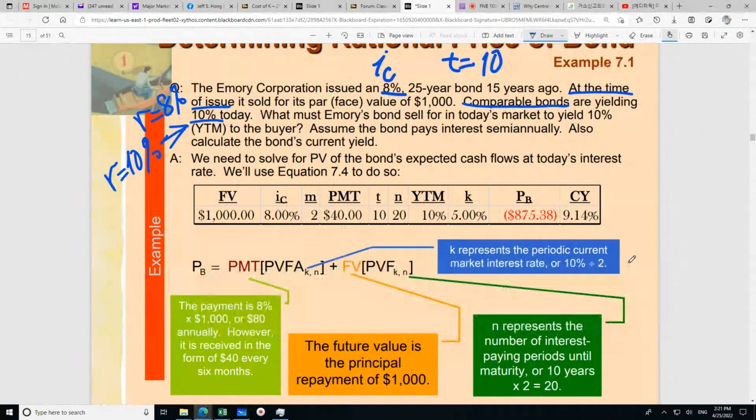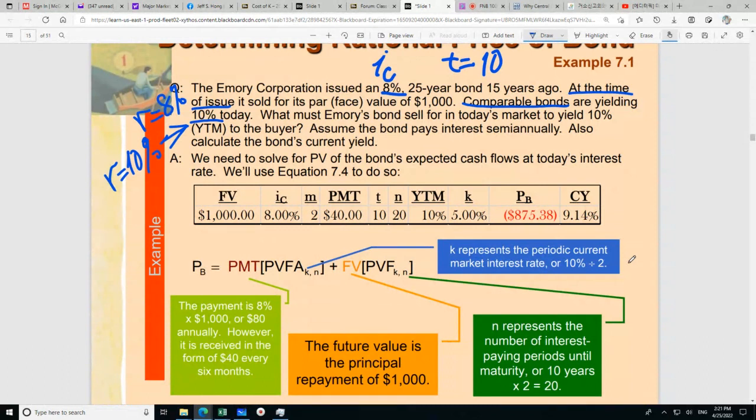When it says comparable bonds are yielding 10% today, that means that is the discount rate. And people who have not been listening might say, oh, well, Professor, you're saying R is 8% there and R is 10% now? I mean, what is the R then?